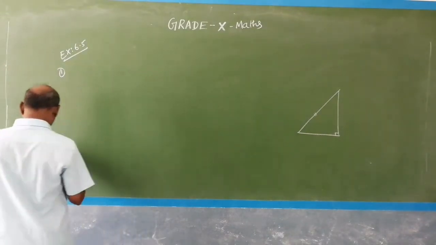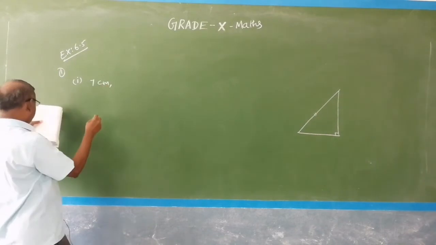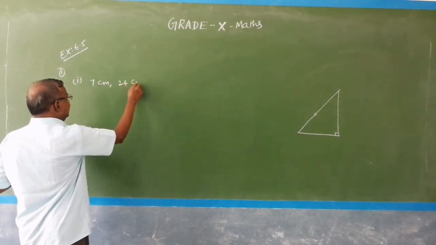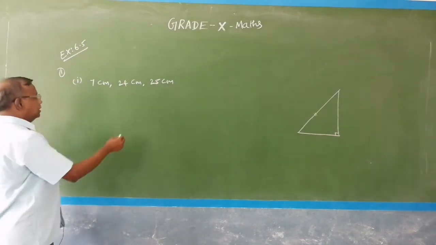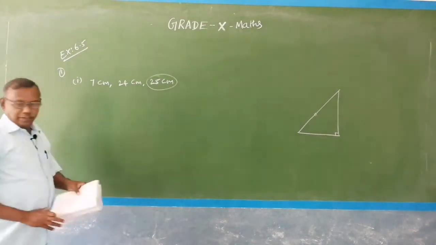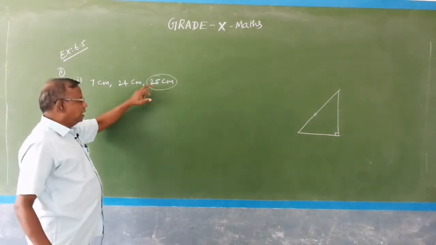If the three sides obey the Pythagoras theorem, then they must be the sides of a right triangle. First one: sides 7 centimeter, 24 centimeter and 25 centimeter are given. The highest value is 25, so if it forms a right triangle, it must be the hypotenuse.